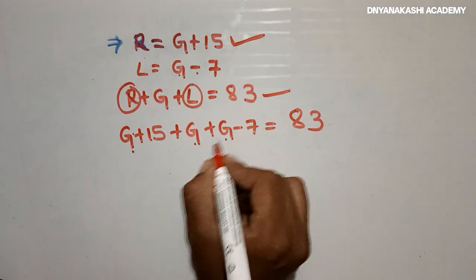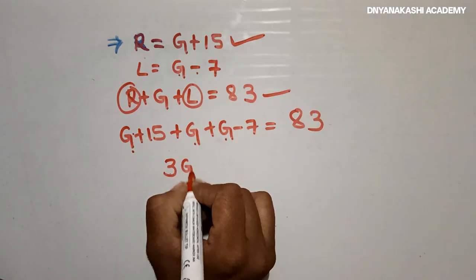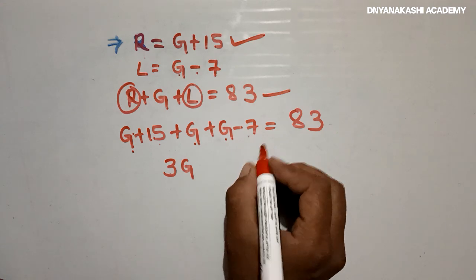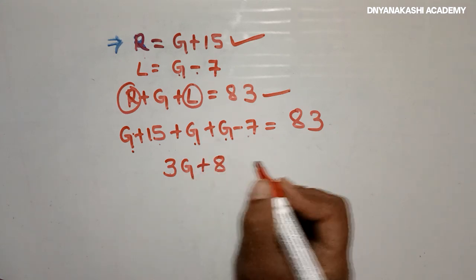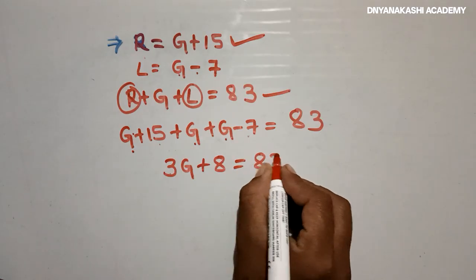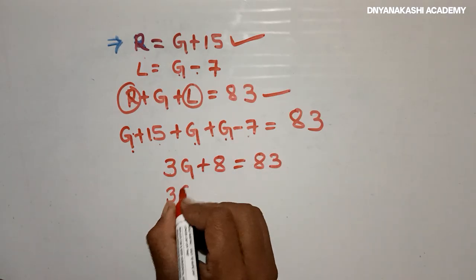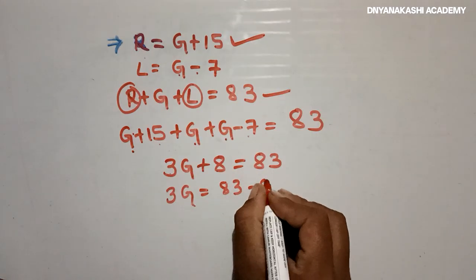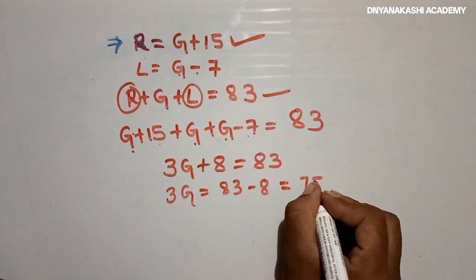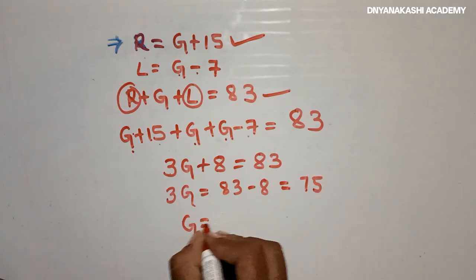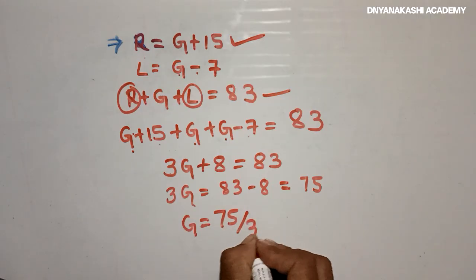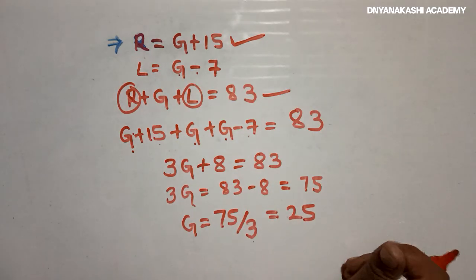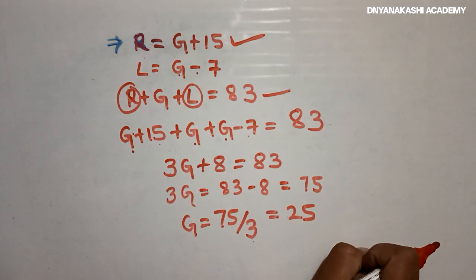G plus G plus G, 3G, and 15 minus 7 is plus 8, equals 83. 3G is equal to 83 minus 8. We get 75. G is equal to 75 divided by 3, which is how much? 25. 25 is our answer here.